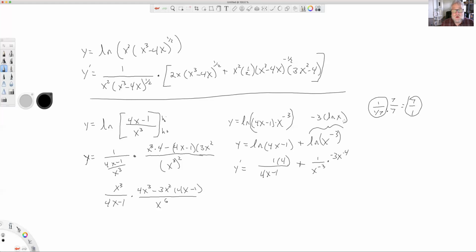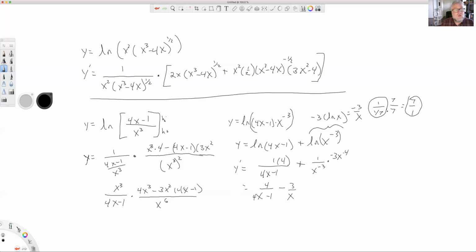That would be a smart move, and then the derivative would just be minus 3 over x. And when we simplify this thing, that's what we're going to get. So this is 4 over 4x minus 1 plus, sorry, minus 3 over x. Wow, that really looks different there.